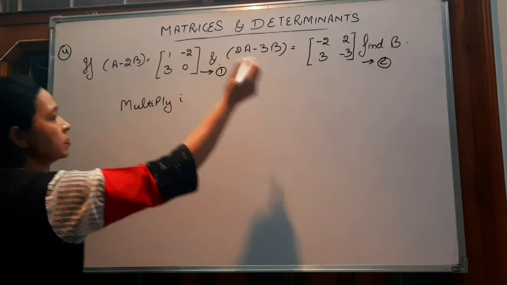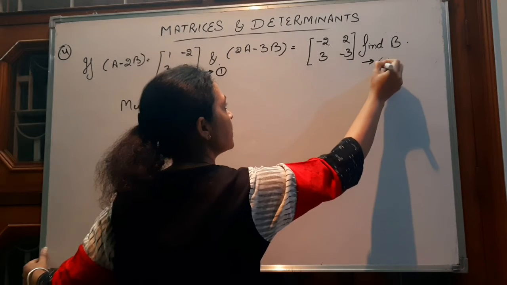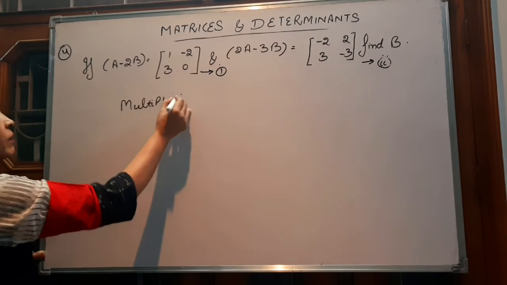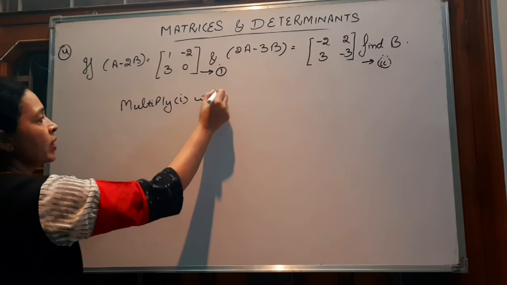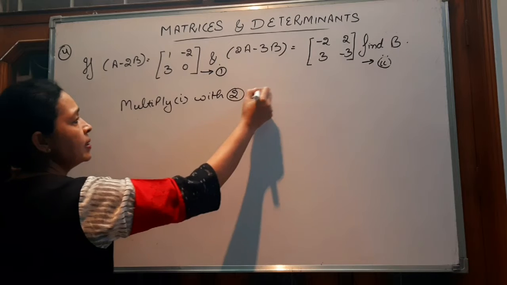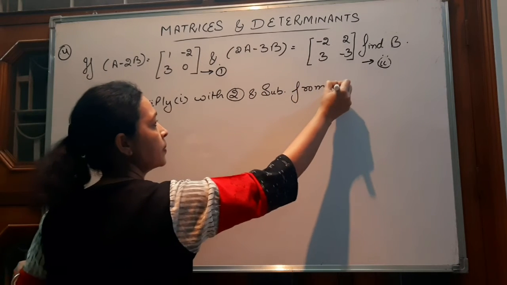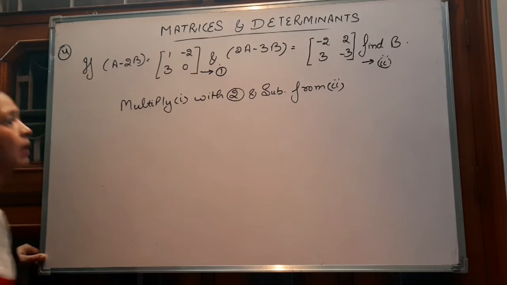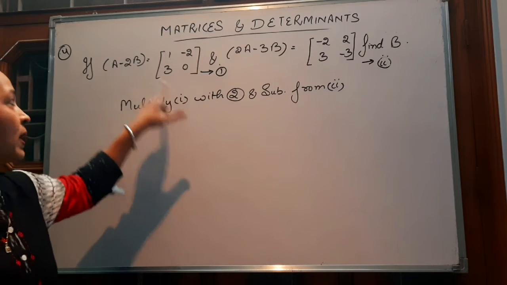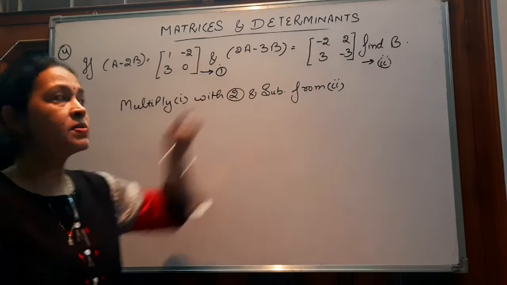This is first. Keep it as second. Multiply first with 2 and subtract from second.